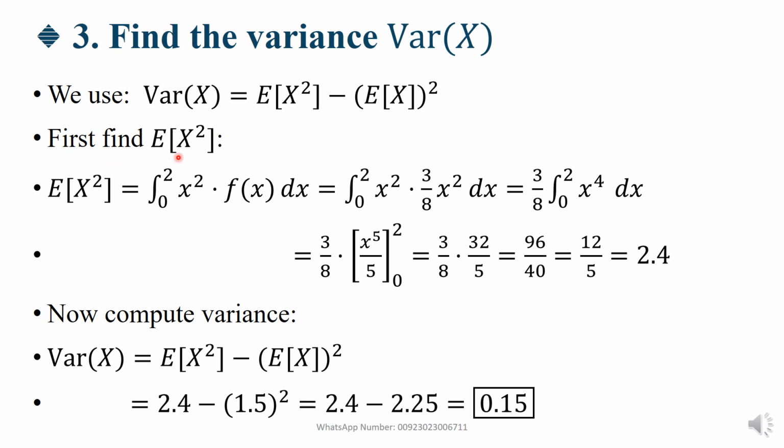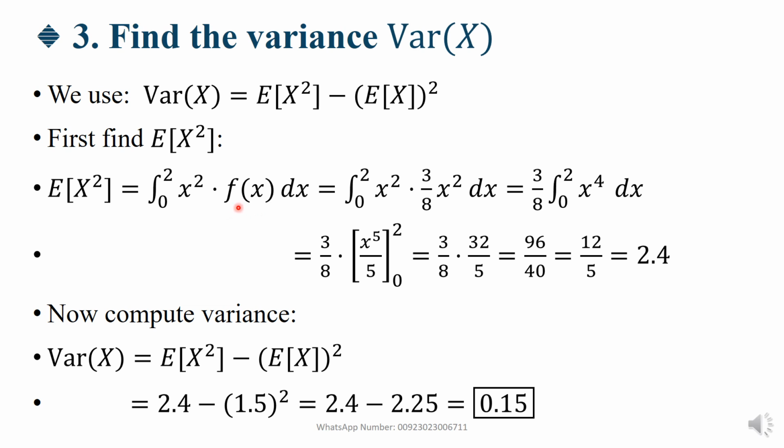First find E of x square. E of x square equal to the integral from 0 to 2 of x square f of x dx. The limits 0 to 2 are the values of x given in your question.